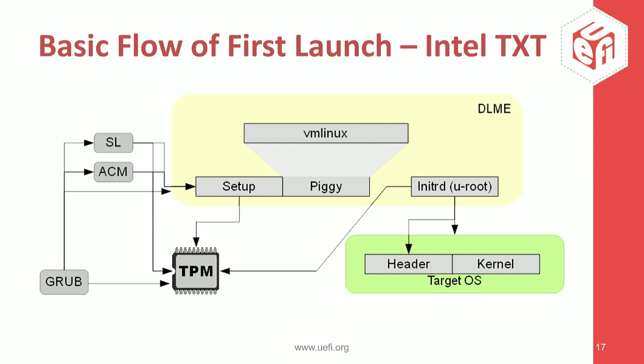This is not required, but sometimes can be useful. So then you have a static root of trust. And GRUB checks the platform configuration and then passes the control to the DCE. On Intel, it is called ACM, as I said earlier. On AMD, it is secure loader.